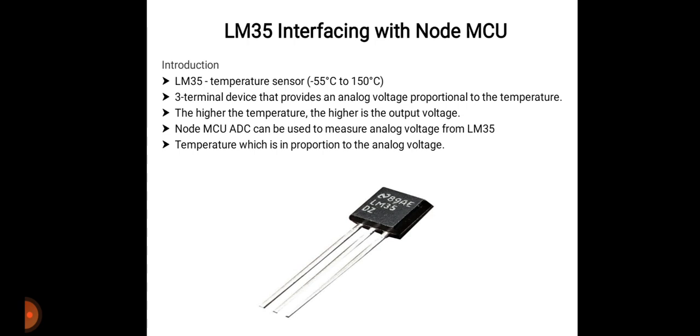The output analog voltage is converted to digital form using ADC, the analog to digital converter, so that a microprocessor can process it.